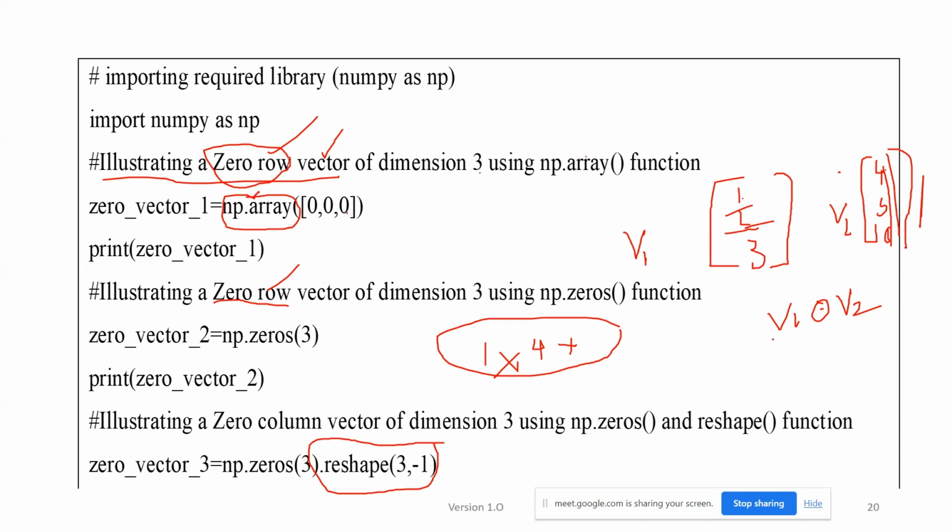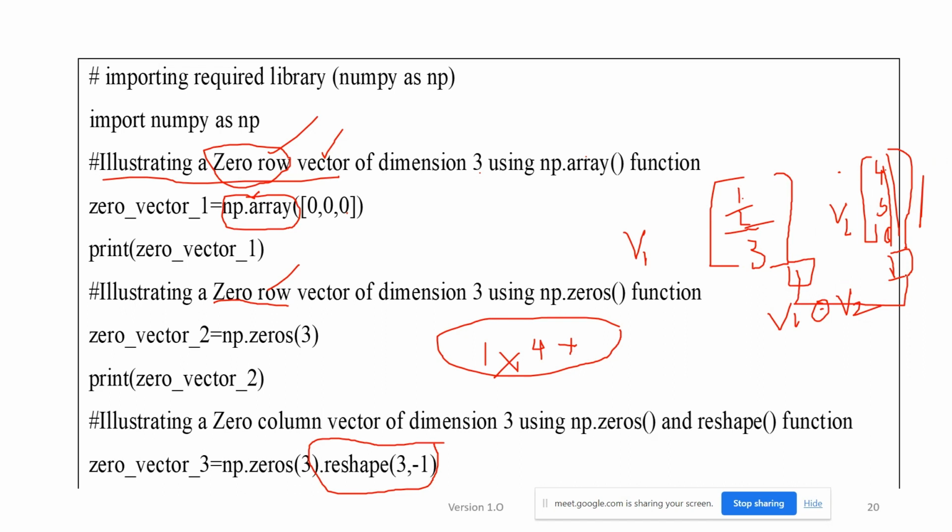When we are doing such kinds of multiplications in matrices, it is not applicable when the columns of the first matrix dimension are not equal to the rows of the second matrix. If these two are equal, the column value of the first matrix and the row value of the second matrix, then only we can do the multiplication.